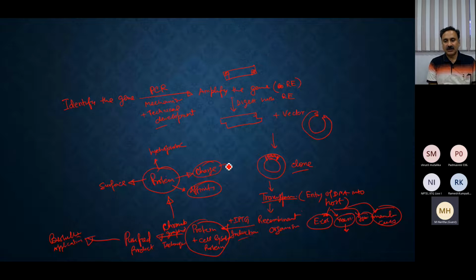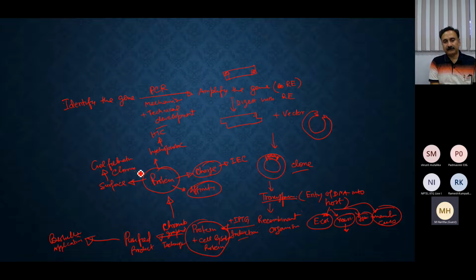If you use the charge, the technique is called ion exchange chromatography. If you use hydrophobicity, it is called HIC. If you exploit the size, it is called gel filtration chromatography.